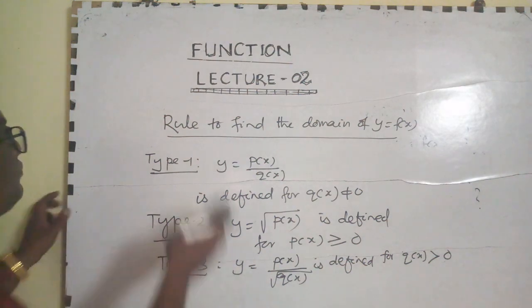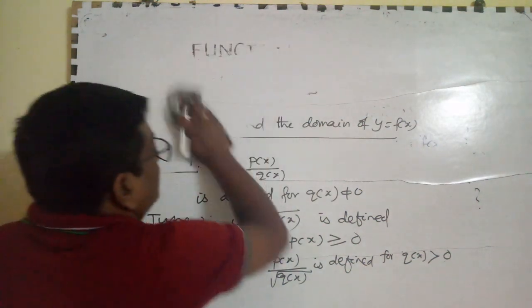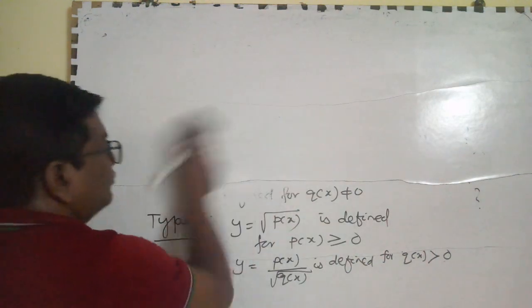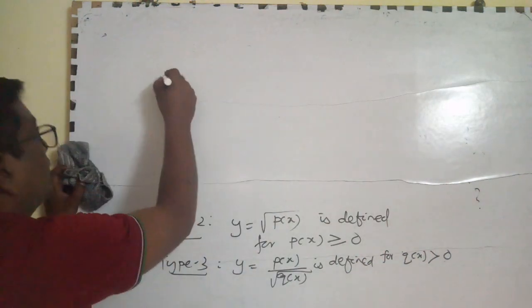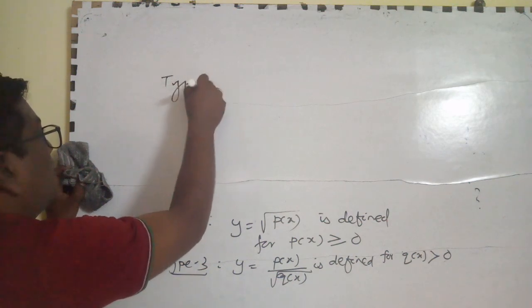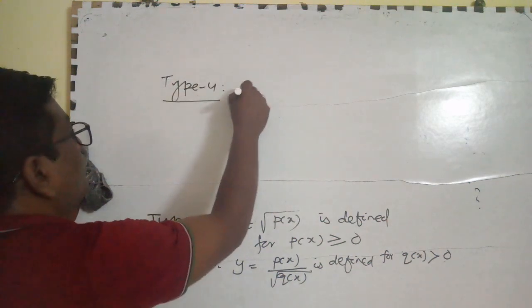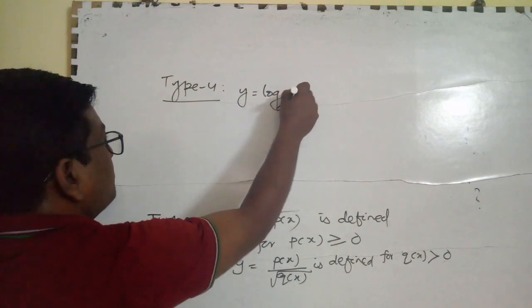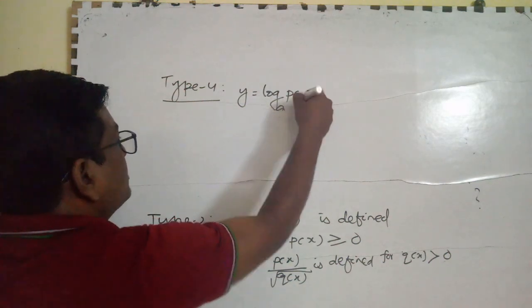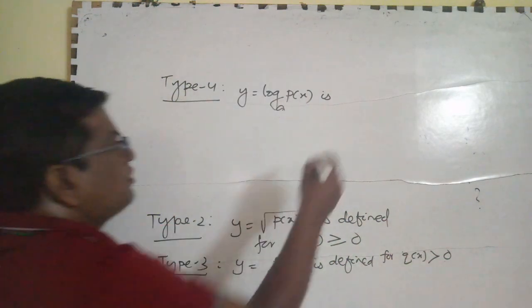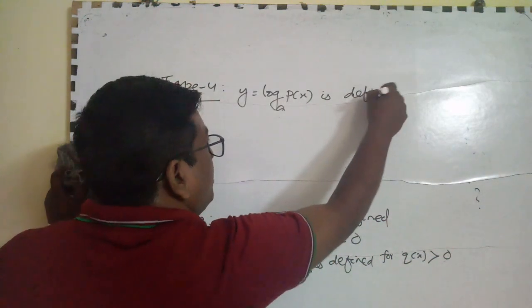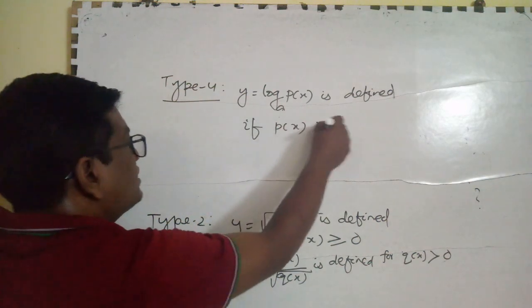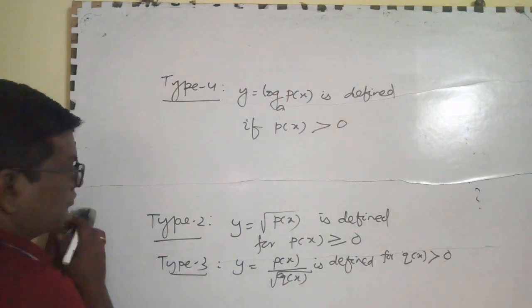Type 4: y is equal to log base a of px is defined if px greater than 0.